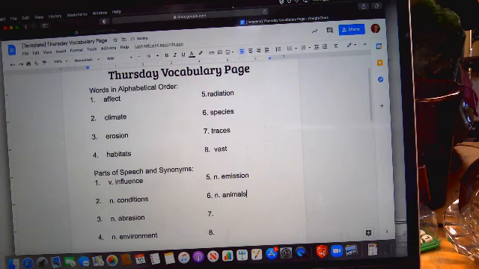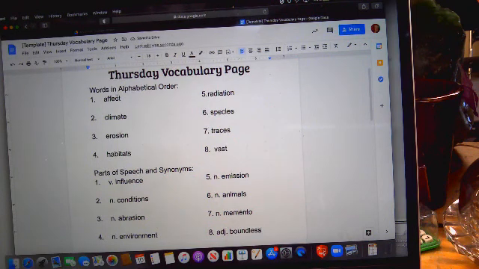And animals was our synonym. And then number 7 is traces, and traces are a noun. And we had memento. And then number 8 was vast, and it is an adjective. And our synonym was boundless.